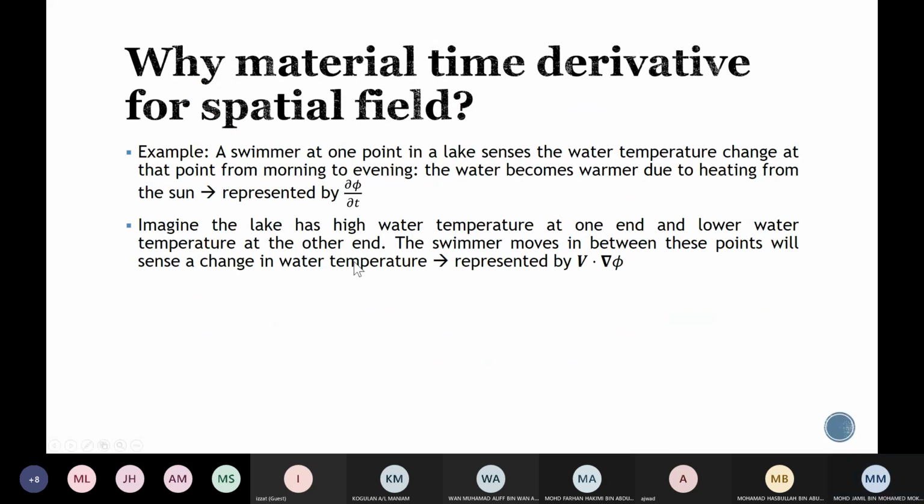So this change in water temperature is represented by this V, material velocity, dot the gradient of the temperature. So ada dua jenis temperature lah yang measure at how you move or how you locate yourself. Okay.